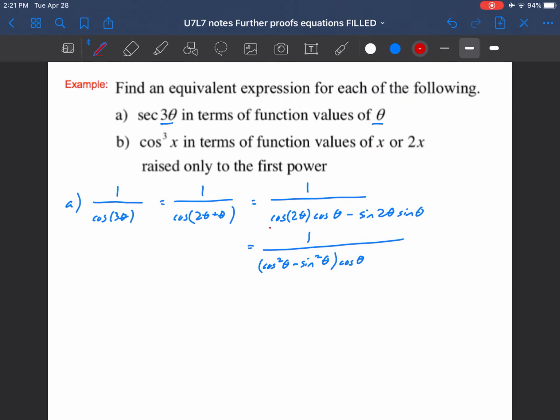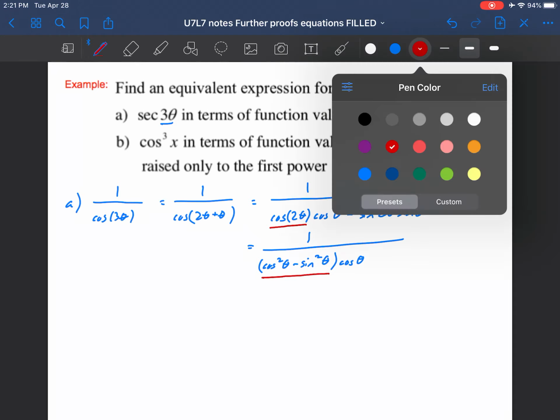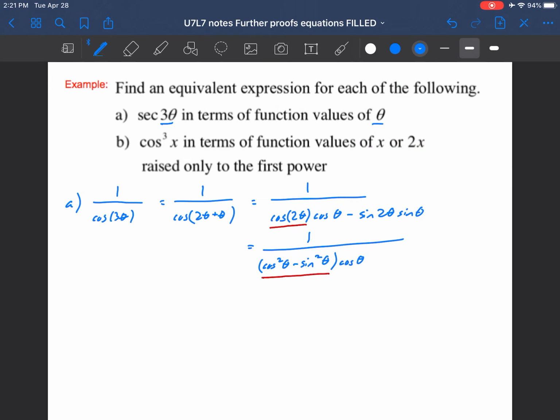Maybe it's overkill, but I'm pointing out that this is what we substituted for cosine 2 theta. And then sine 2 theta is the same as 2 sine theta cosine theta.